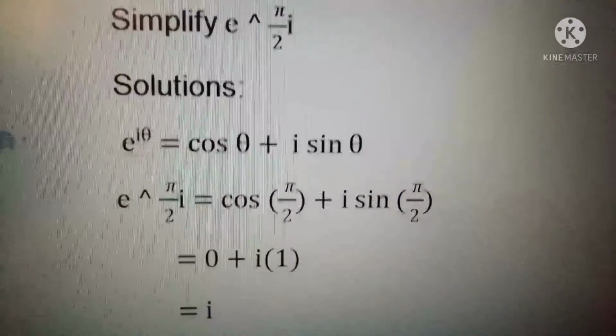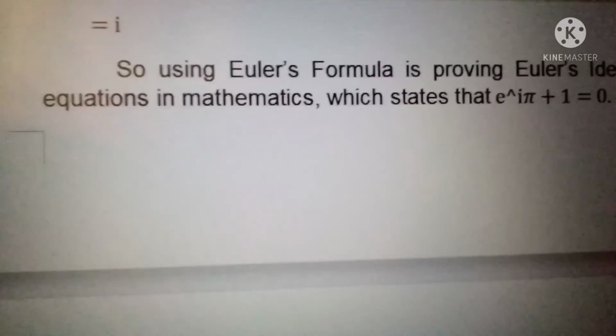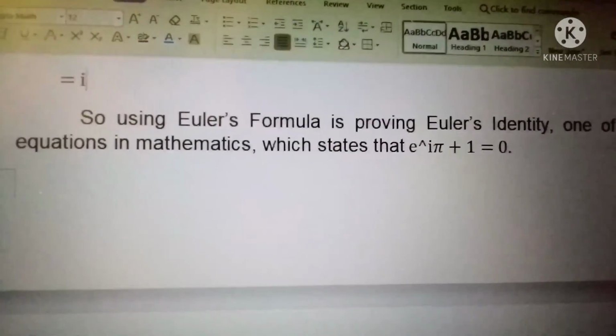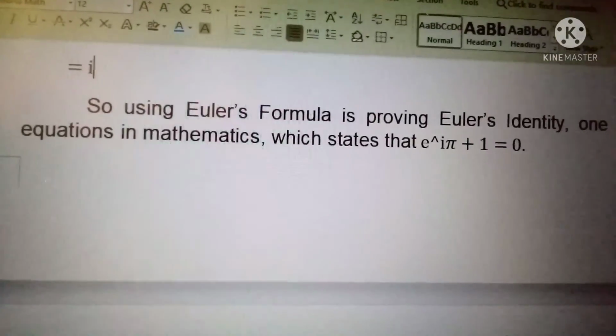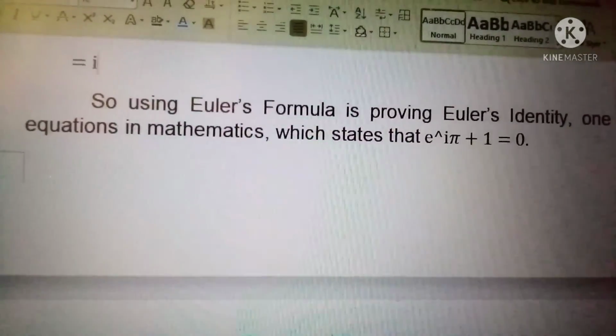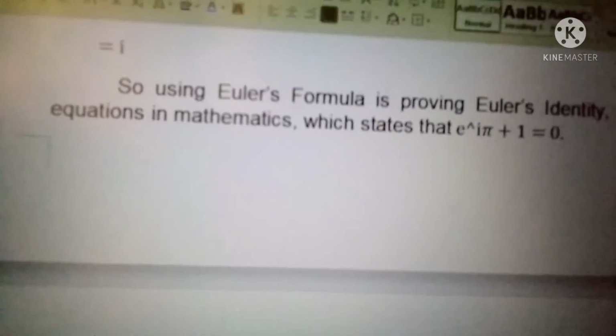So, we have 0 plus i times 1, which is equal to i. So, using Euler's formula, Euler's identity is proved. It is one of the equations in mathematics which states that e raised to i pi plus 1 is equal to 0.